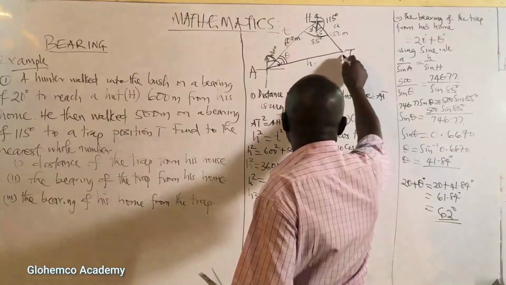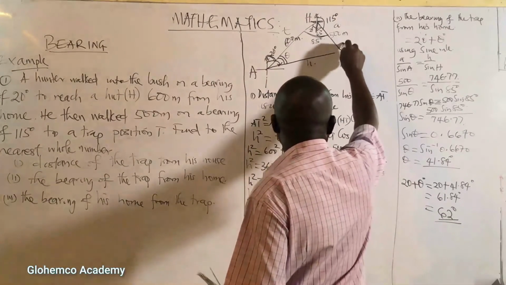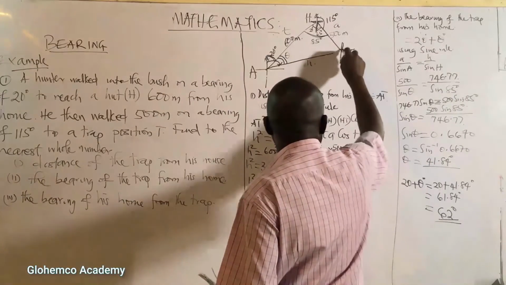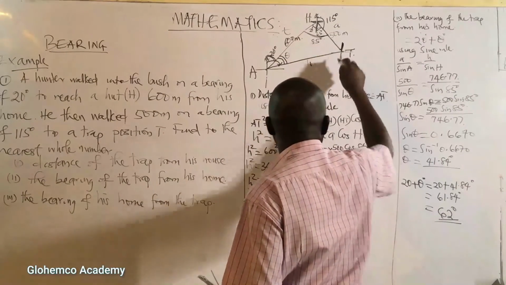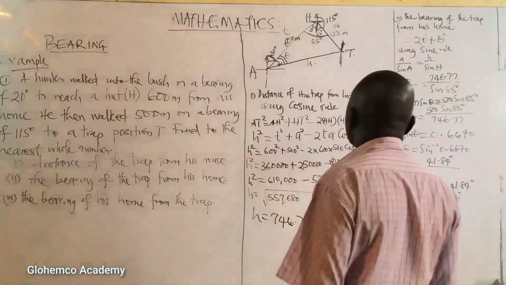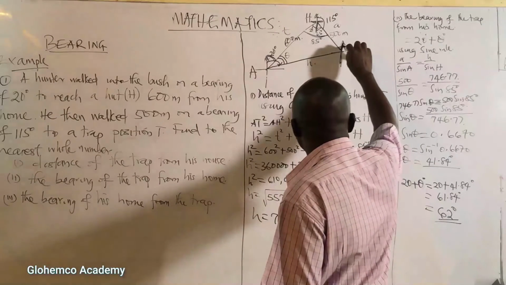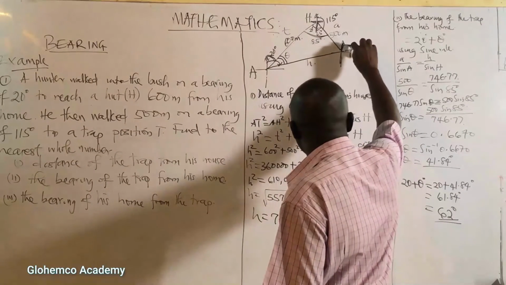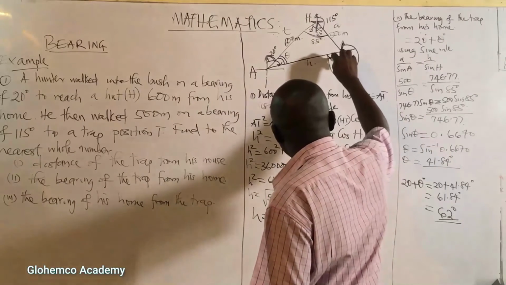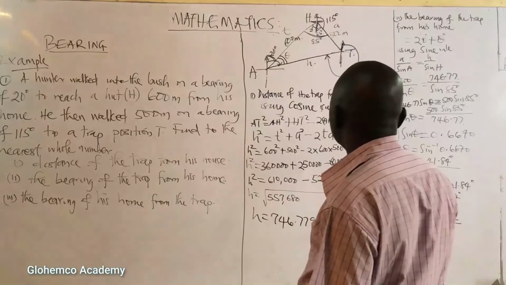This is the trap. If you set the trap now, this is true north. The only line that travels from the North Pole to this place is the bearing that we are looking for, which you can easily find.